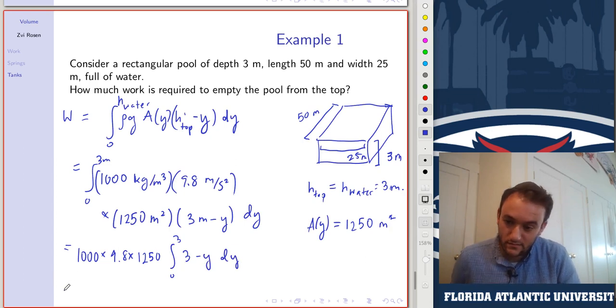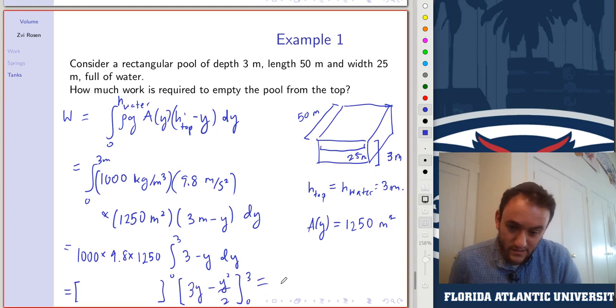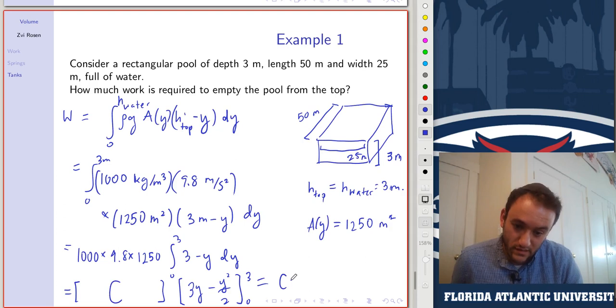And this is clearly the same expression. You take the antiderivative, you get 3y minus y squared over 2 from 0 to 3, and that gives us this same constant, which I'm just going to call c for now, times 9 minus 9 halves.